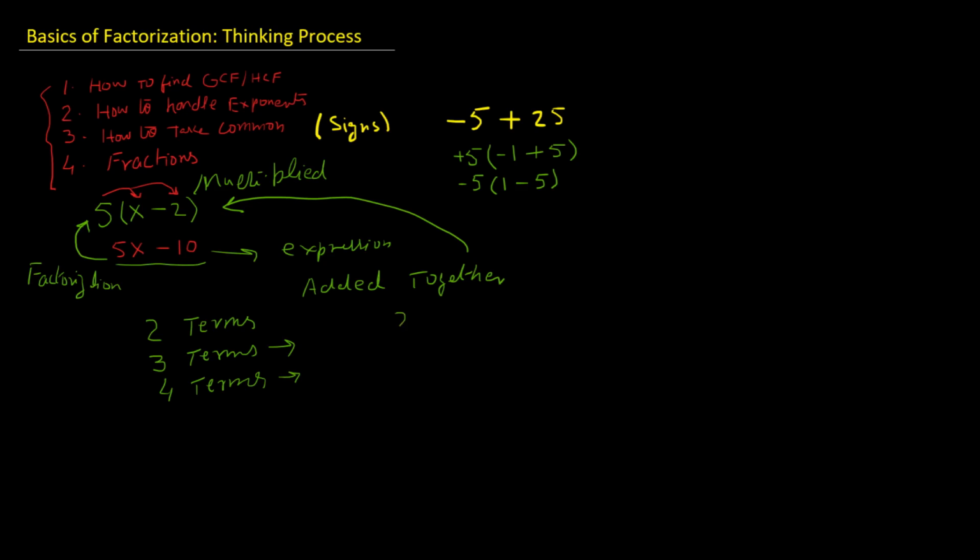So the easiest case would be when there are only two terms, and in most cases the four-term case will be the easier one, and then the three terms. So these are the number of terms. There could be many terms, but the first three situations are these three. So this is the increasing level of difficulty.